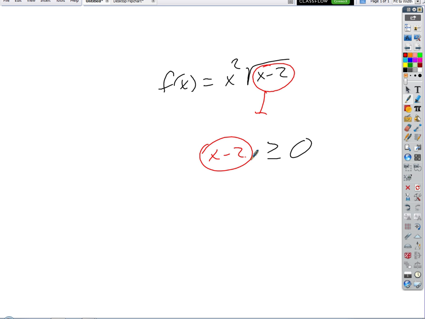What would I do to solve for x? Yeah, just add 2. And so we end up with the answer, x is greater than or equal to 2. That ends up being our domain, doesn't it? You get that? Because those are the values of x that are going to make this bubble non-negative, right?